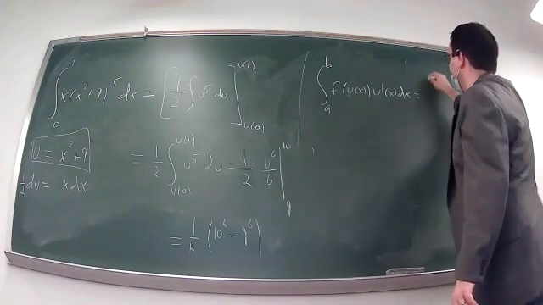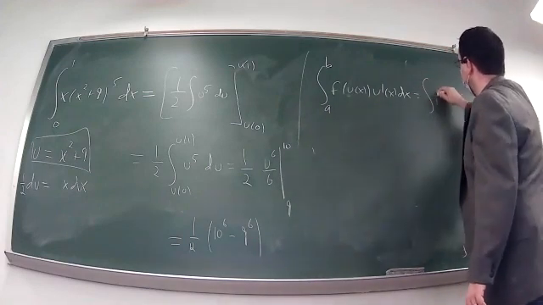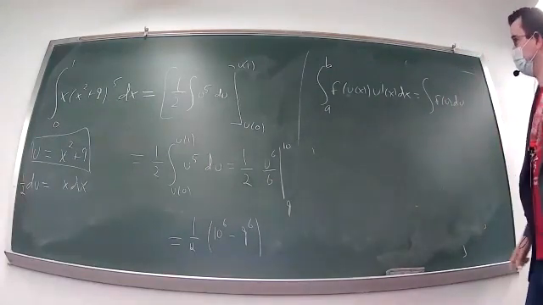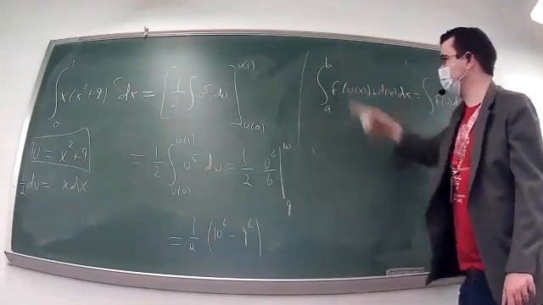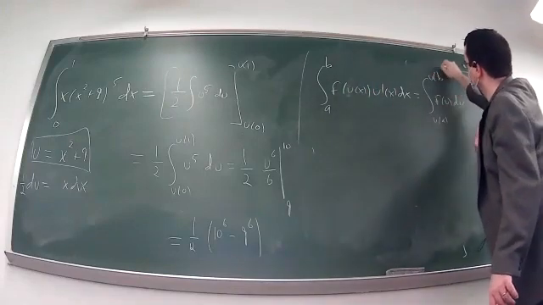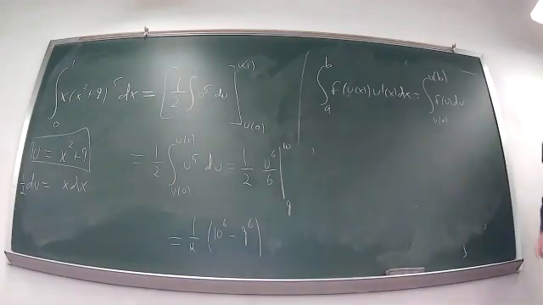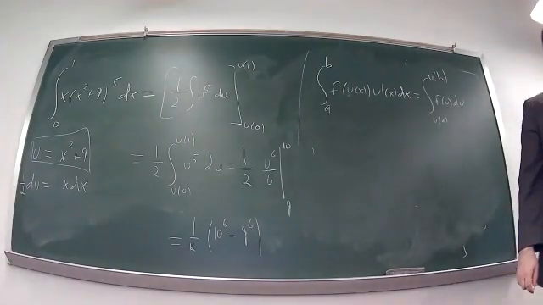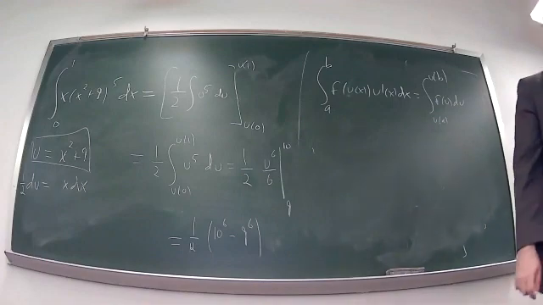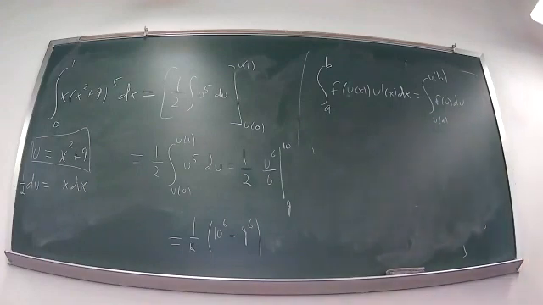So the antiderivative of this is f of u du, but as we discussed, the x values go from a to b, the u values go from u of a to u of b. And so this is what's called the substitution rule for definite integrals. That's theorem 2 on page 342, if you're tracking along with the book.